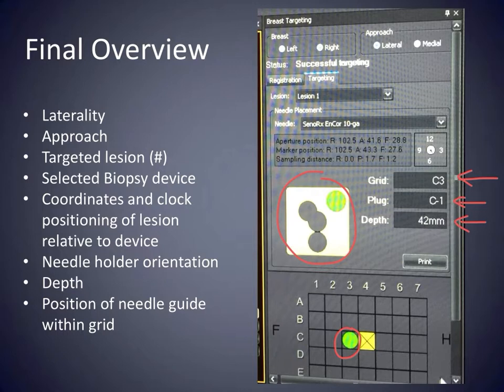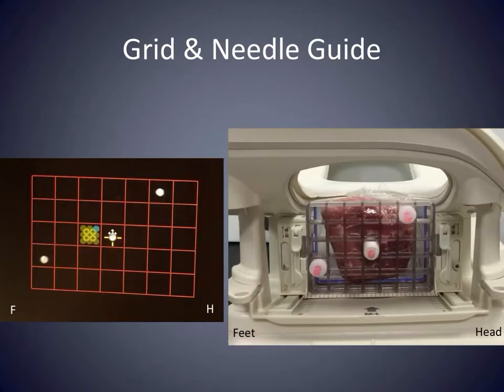It is important to keep in mind that the grid orientation that's displayed on the computer is exactly what you would see if you were sitting in front of the patient's breast you're about to biopsy. In other words, here you are sitting directly in front of the phantom, or in this case, the right breast.